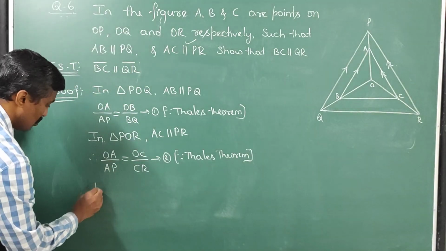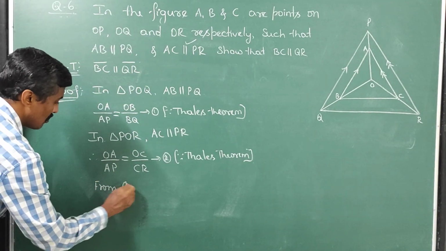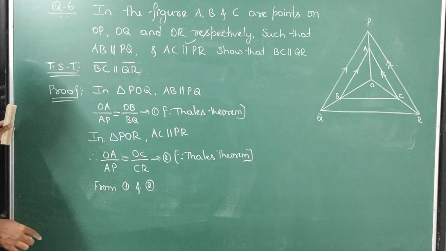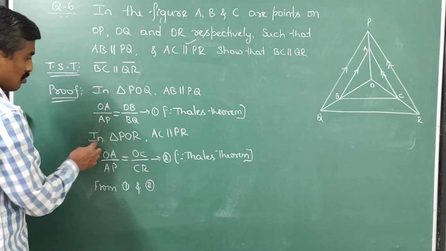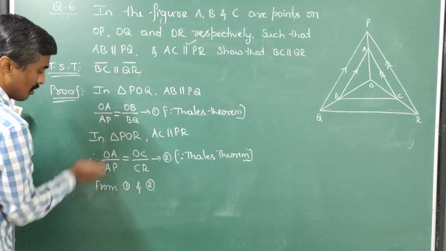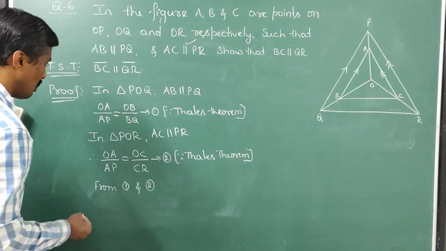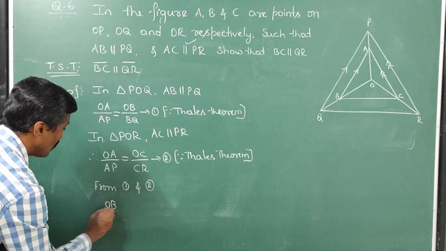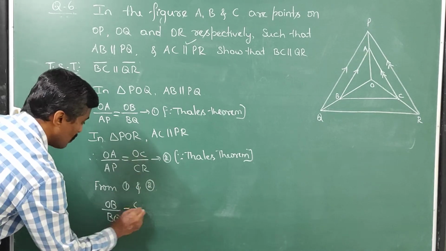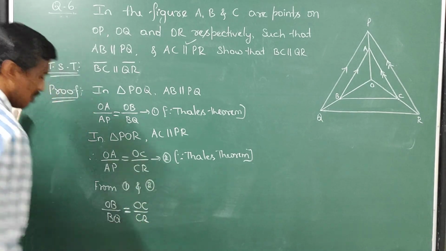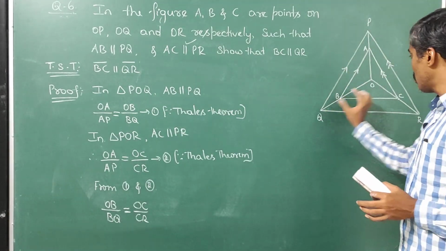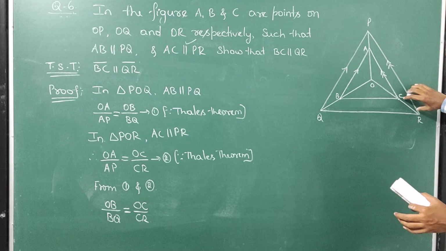So from 1 and 2, OA divided by AP is a common ratio. So they are equal: OB divided by BQ is equal to OC divided by CR. So therefore, if left hand sides are equal, then right hand sides are equal. So observe these ratios: OB divided by BQ is equal to OC divided by CR.